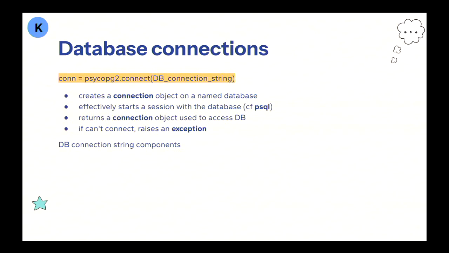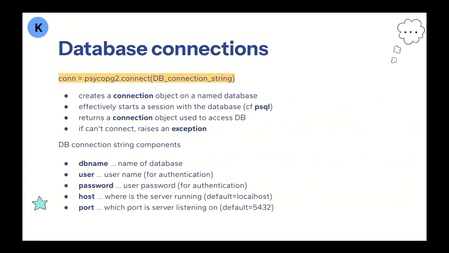You may notice that this connect method only accepts one parameter, called the DB connection string, and this string has some format. It is made up of a list of variable assignments, and here are the key components. Just now we used connect with the database name.